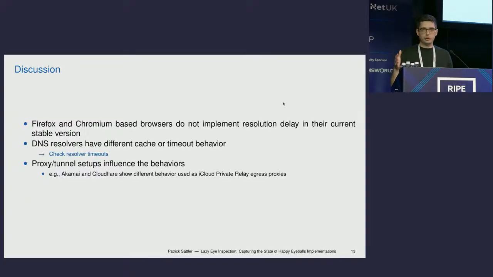So even though you are using Safari, you have at least 3 different behaviors: without the iCloud Private Relay, which is what I just showed you, and then, depending on the egress operator, different behaviors for Akamai and Cloudflare. So that means that the client and the network configuration are relevant to what you measure and what you see.